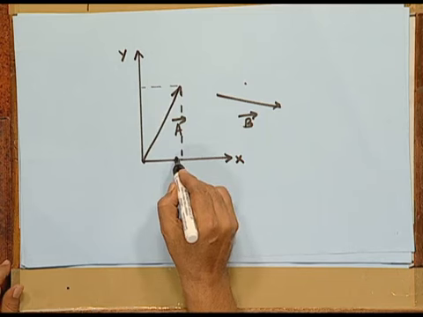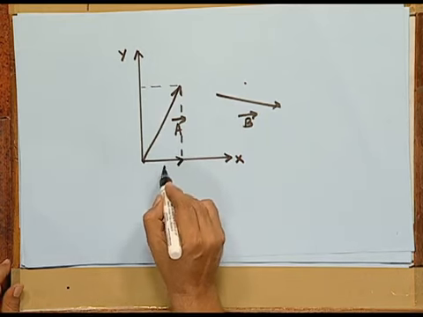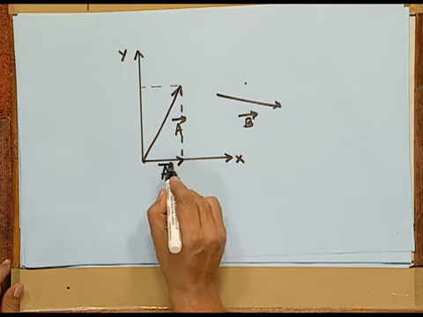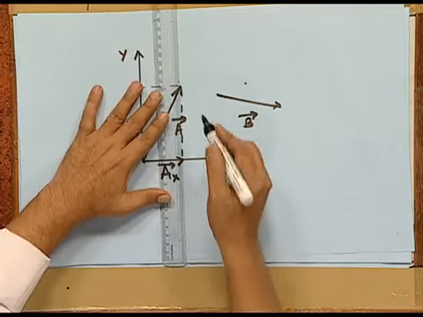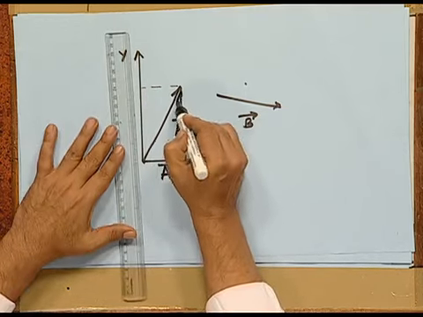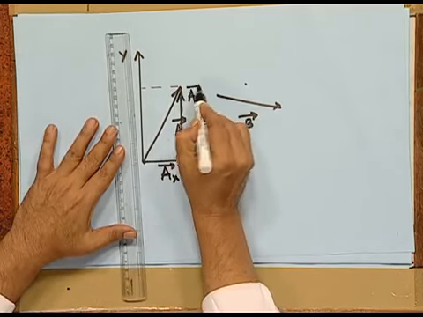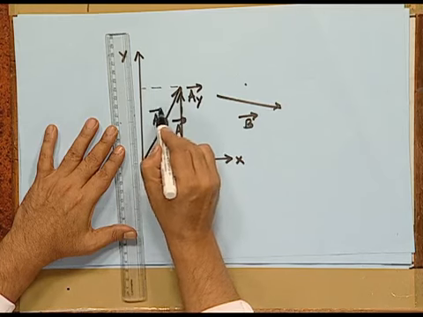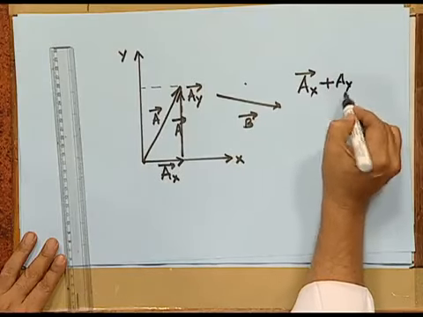Now, call this A x vector, this A y vector. Do you see that this vector A is decomposed into two vectors which are mutually perpendicular to each other, and the vector along the x direction is called the A x vector and the vector along the y direction is the A y vector. A x vector plus A y vector is vector A.